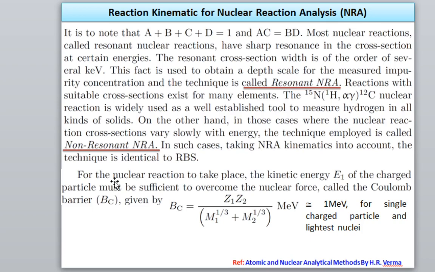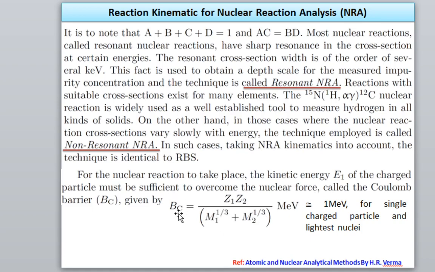Let us say when a nuclear reaction will take place, obviously one has to choose the energy of the incident charged particle. For that, we must know the Coulomb barrier energy, because a nuclear reaction will only take place if the kinetic energy of the charged particle is able to overcome the Coulomb barrier, which is given by BC, that is Z1 Z2 upon M1 to the power 1 by 3 plus M2 to the power 1 by 3, in MeV.